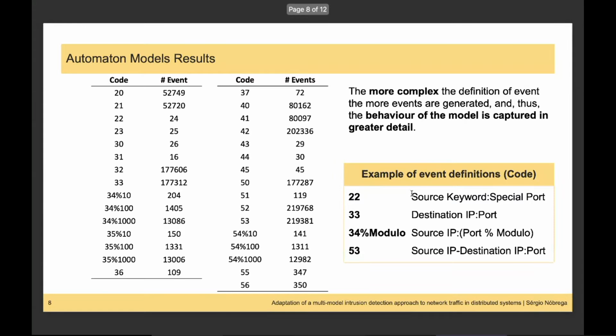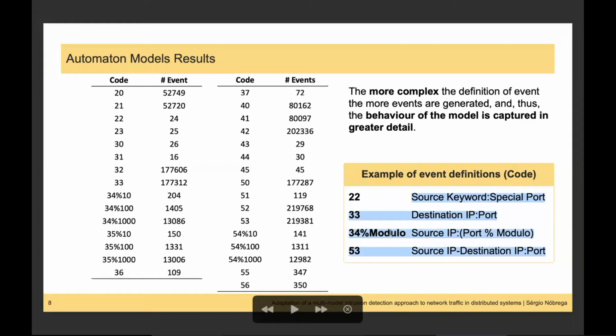So going into the results, here for the automaton models that we created, we have the code. So each code is a definition of events. And here you have some types of events that might be interesting. I think due to time, maybe it's not worth going into detail on this.